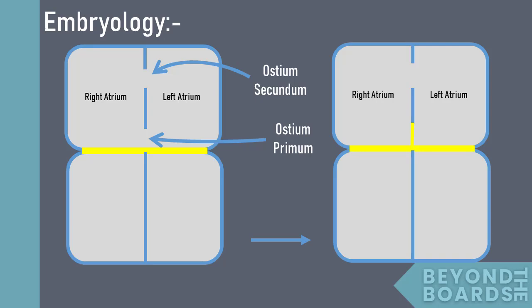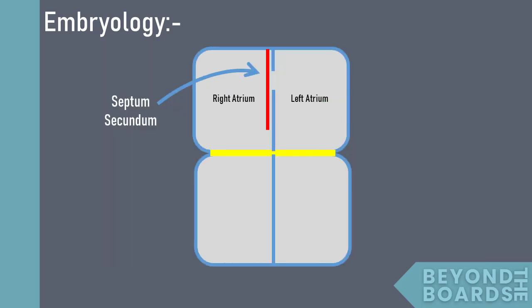This happens at the same time that the ostium secundum is forming, so they always have a communication between the two atria.